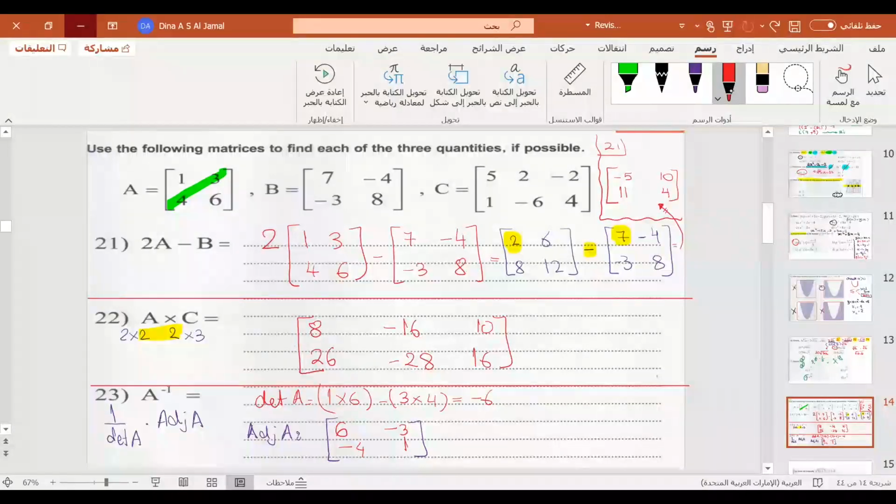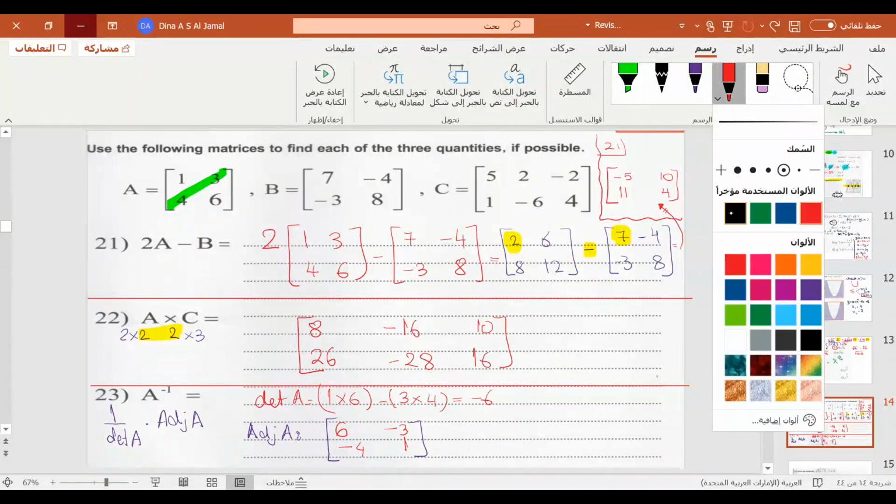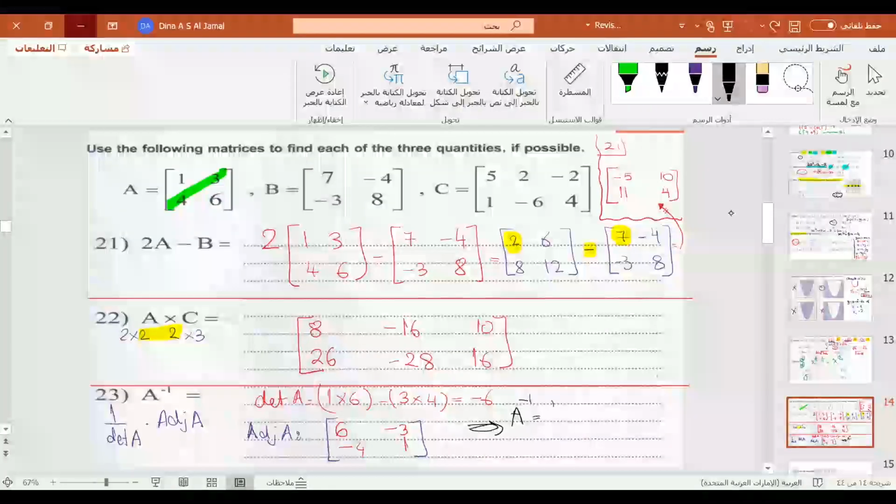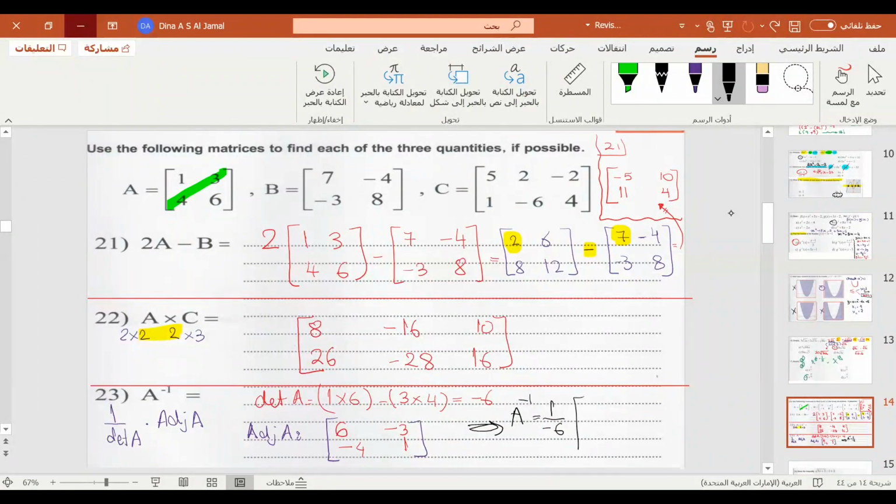Then you will be multiplying whatever you got to find the inverse. So lastly, your last answer should be 1 over -6 multiplied by the adjoint, which is this one.